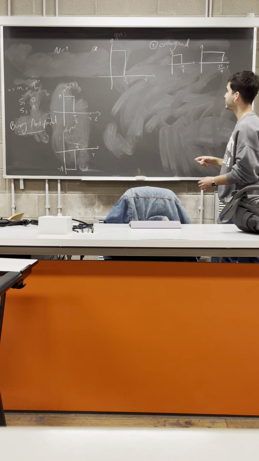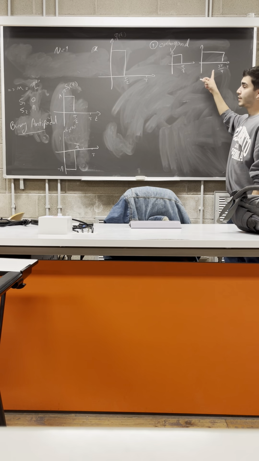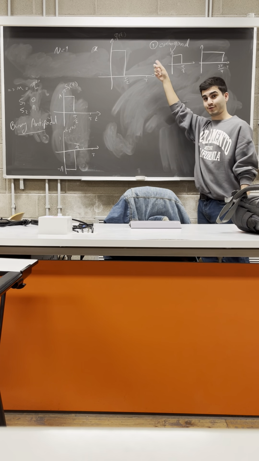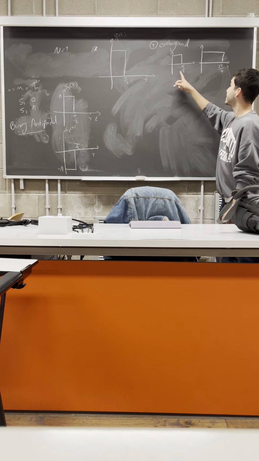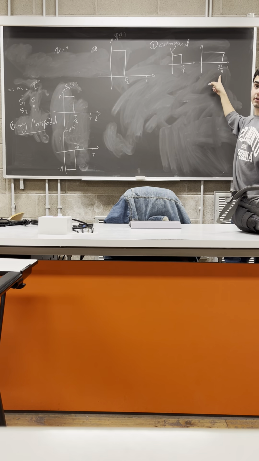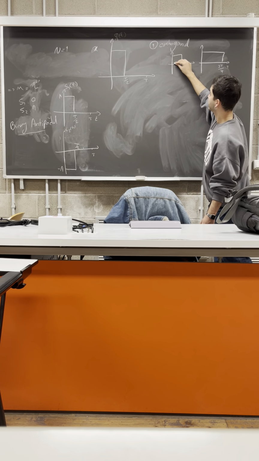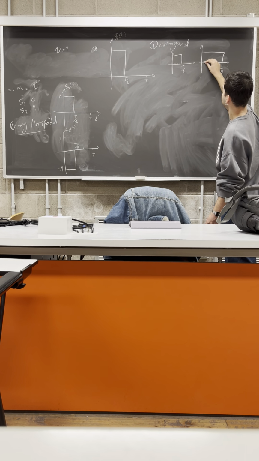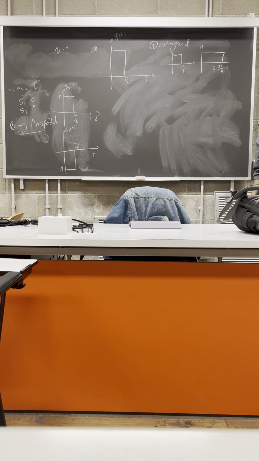You see that these two basis functions are not orthogonal. Why? Because they have some common parts in the time interval. This would be t over 2. This part is common in both of them. So these are not orthogonal.